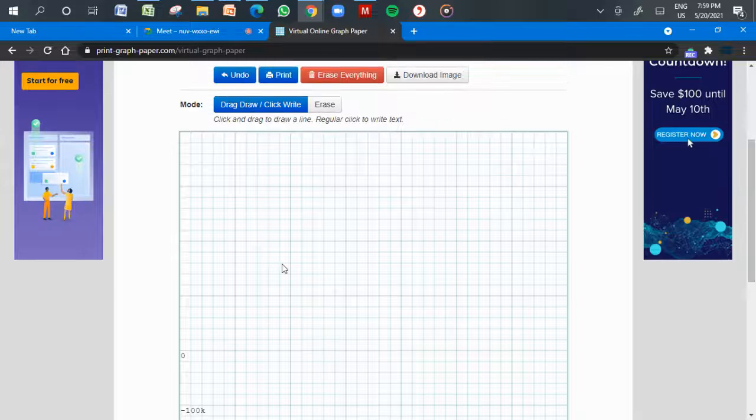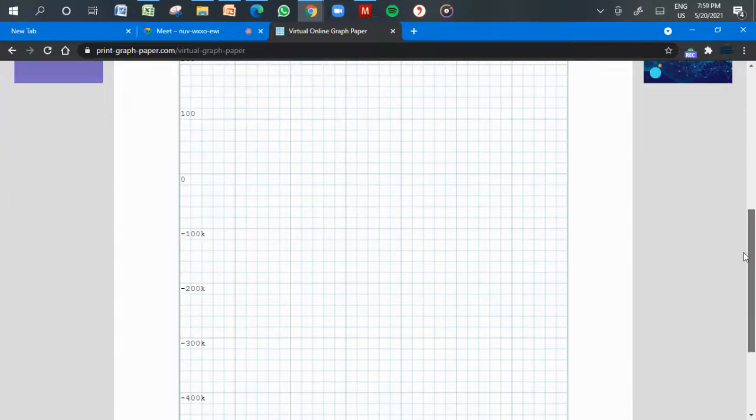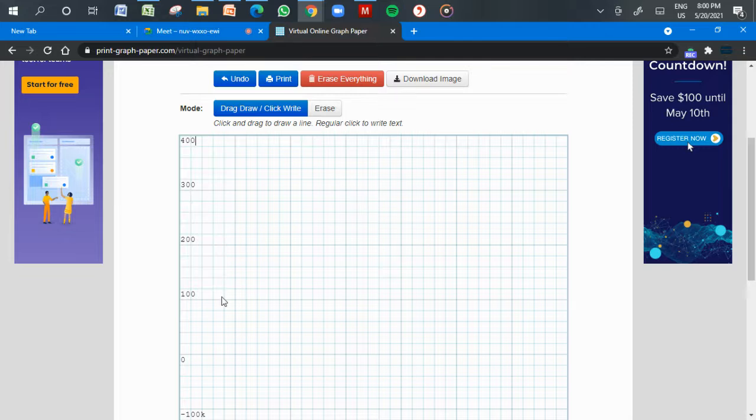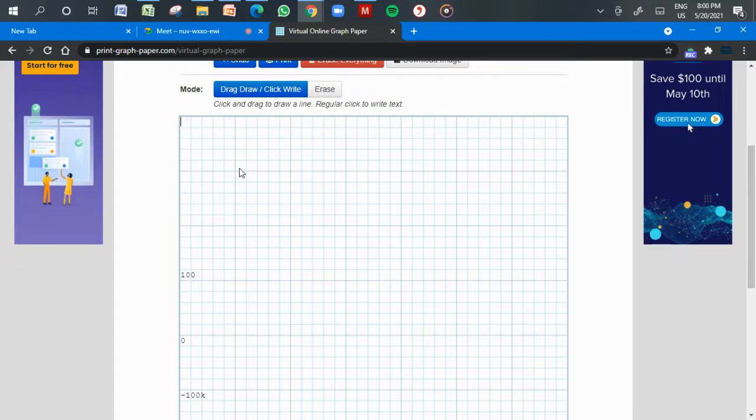On the upper side, we have 100, 200, 300. Unfortunately, our graph won't fit here. If we choose a different scale, maybe, but it's not fitting.